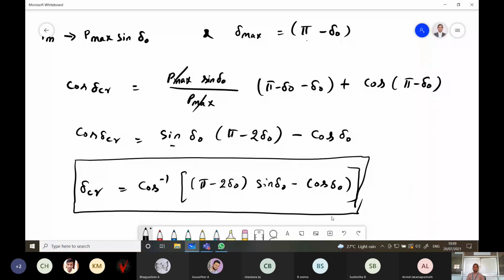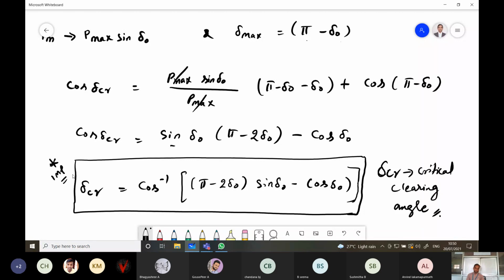This delta CR is called the critical clearing angle. Delta CR. So this is very important: critical clearing angle.